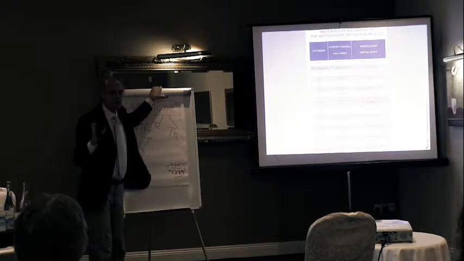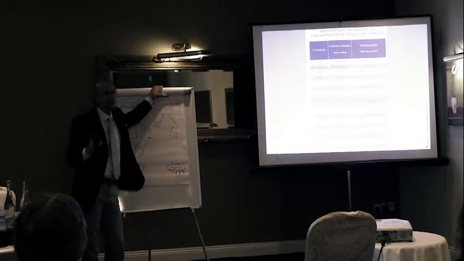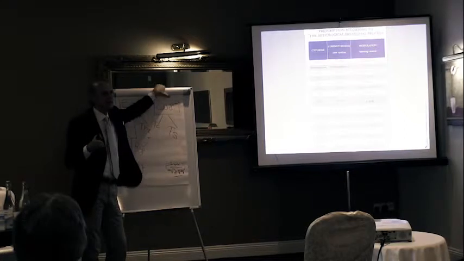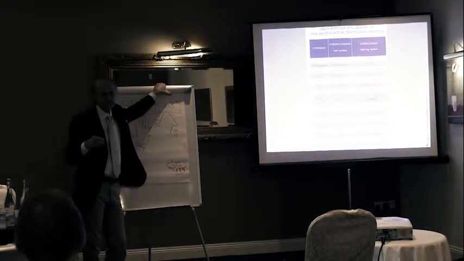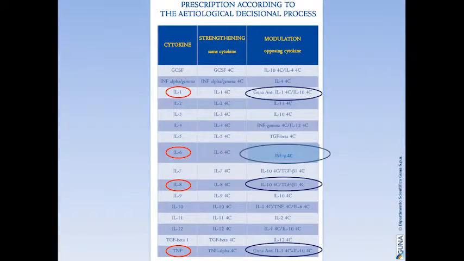Now, we are going to really deeply study the inflammation process. And I will focus on these cytokines that are deeply involved in inflammation. They are, and we will study every one, interleukin 1, interleukin 6, interleukin 8, and TNF-alpha.